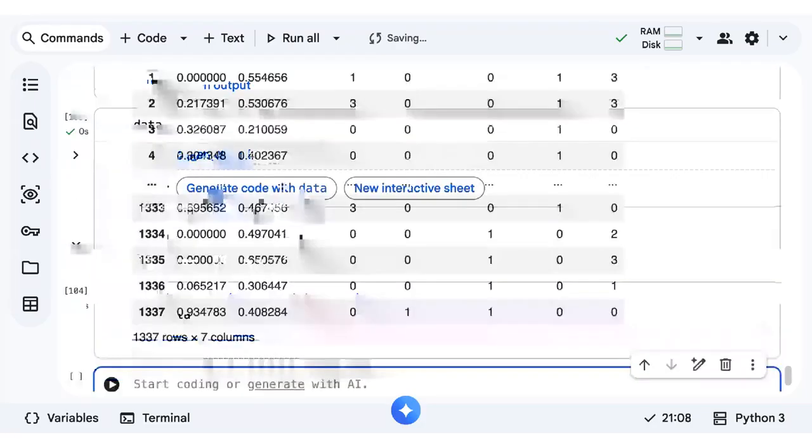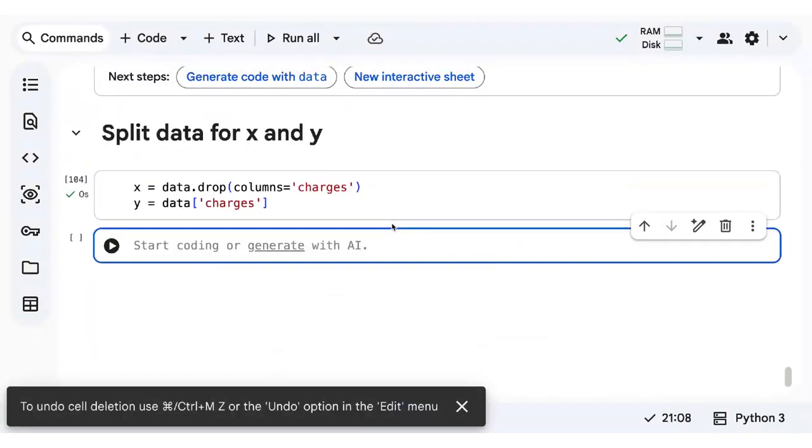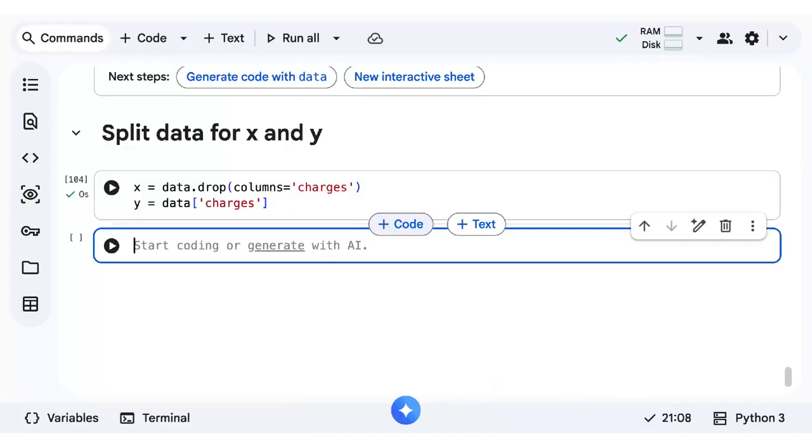This is X, no charges here, and this is Y. This is how you're going to split your data. Clear? Understood?